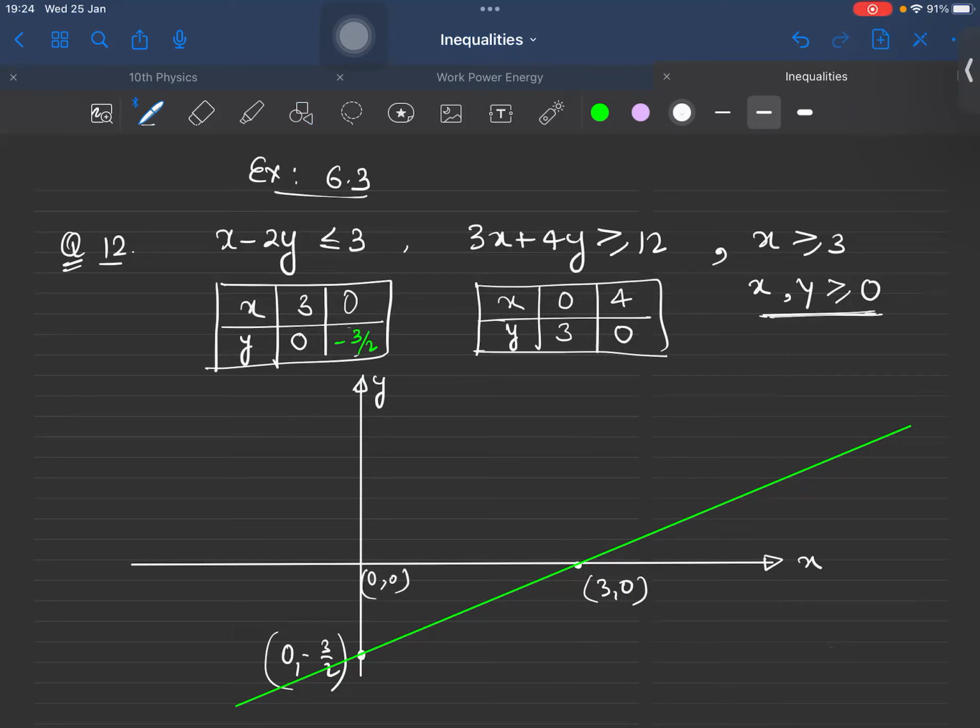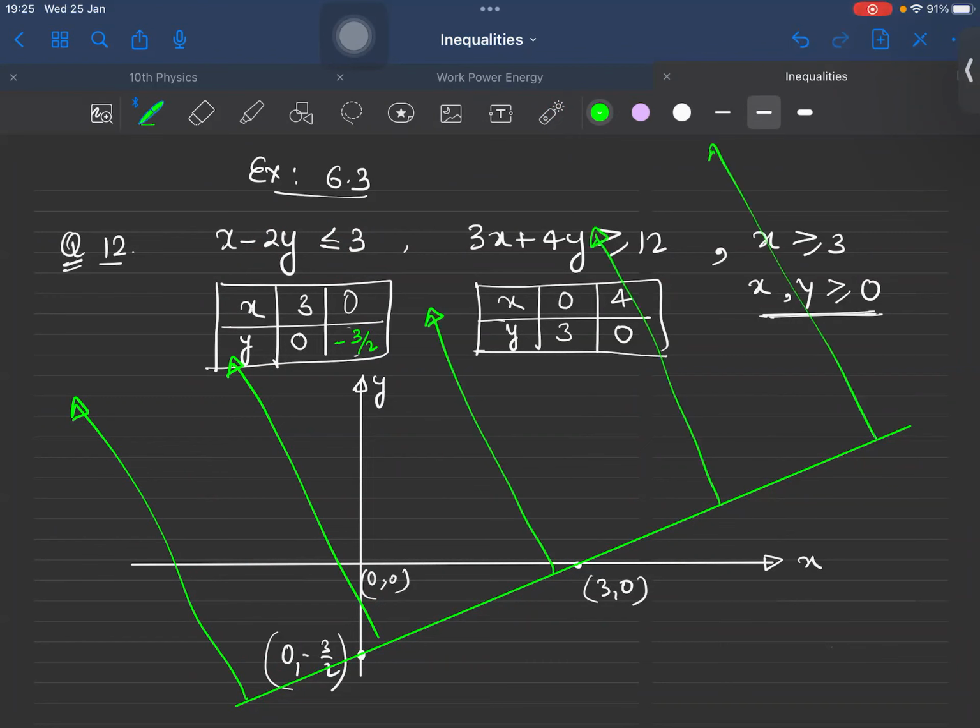If you put x equal to 0 and y equal to 0 in this equation, you'll get 0. Now 0 is lesser than or equal to 3. That means you have to use this side. All the equations, all the curve, this side, on the top side.